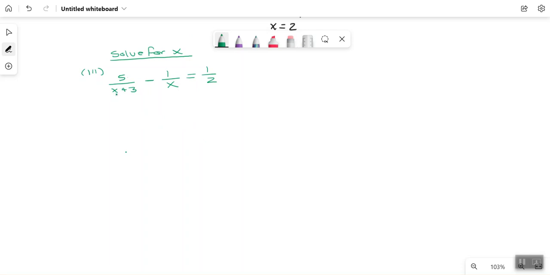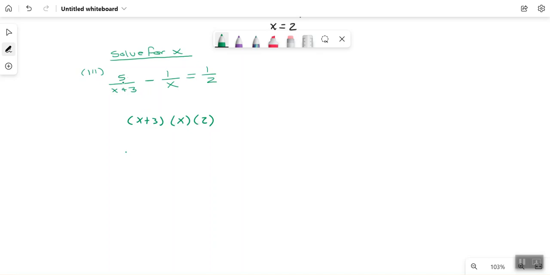So the lowest common multiple of these 3 is going to be the 3 of these together. Okay, so the lowest common multiple is going to be x plus 3 by x by 2. So what we want to do is multiply each of these by this term. If we take this top part here, we're going to multiply the whole lot by x plus 3 by x by 2.